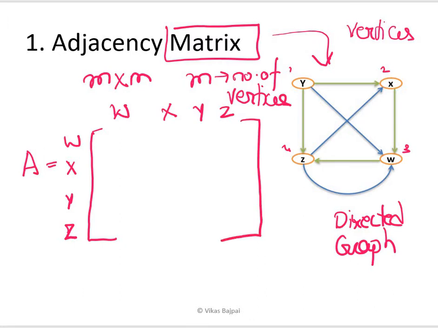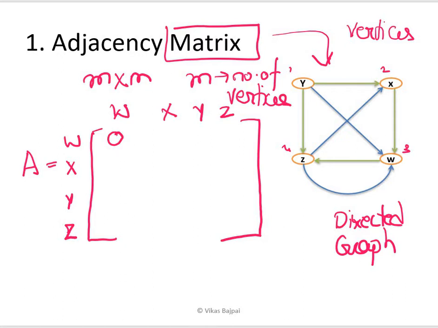Now to get each entry, we have to identify whether there is any edge from w to w, that means a self loop, which is not there. So I'll add a 0 here.